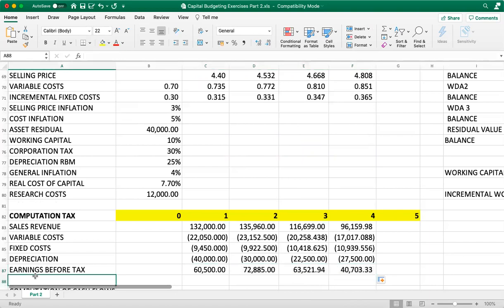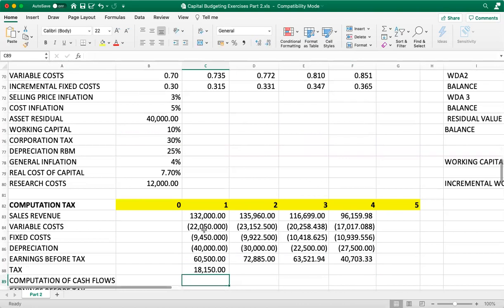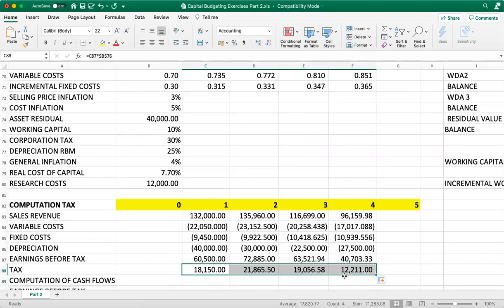Then we can compute tax. So tax, say, equals 60,500 multiplied by 30%. Put a $ sign on 30%. And this gives us our taxation figures.